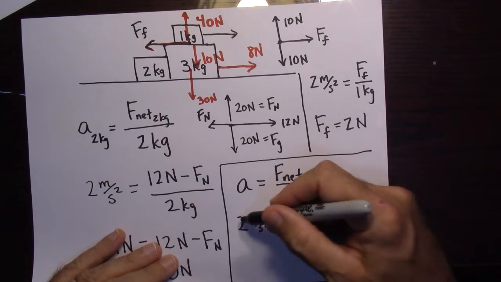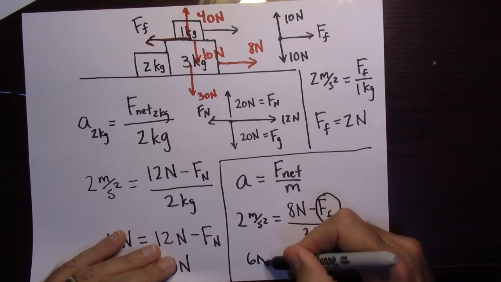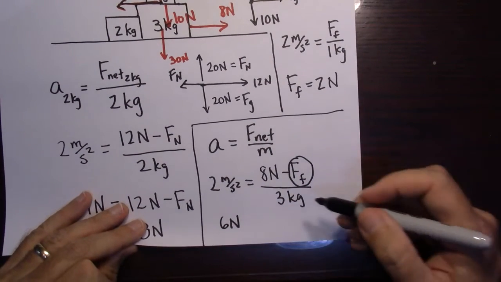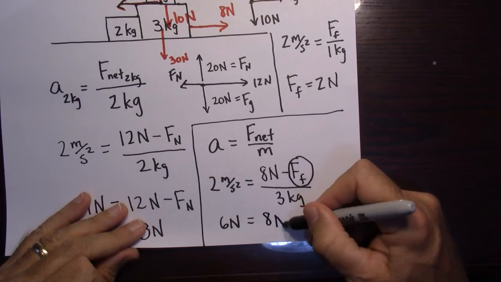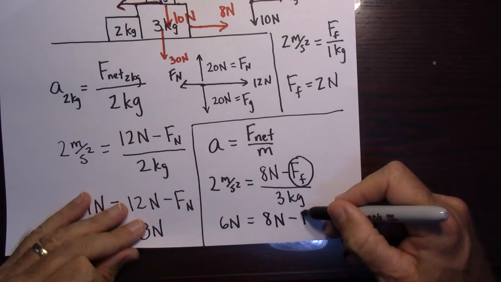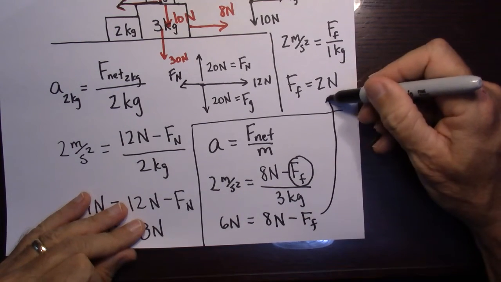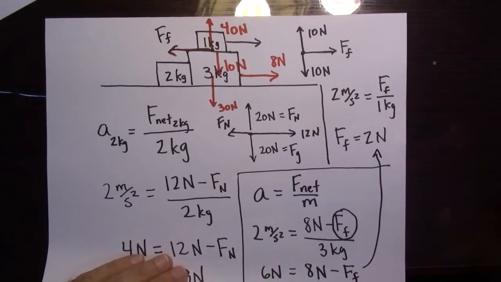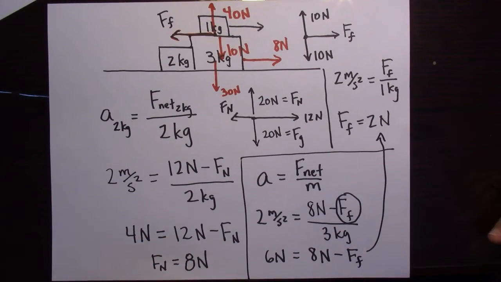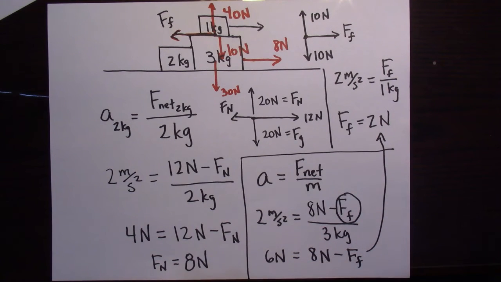If I multiply both sides by 3, I get 6 newtons equal to 8 newtons minus the force of friction. So that means the force of friction is again 2 newtons. So the whole point of this is that Newton's laws work for any system that you want to pick. Okay? So that's the point of this.